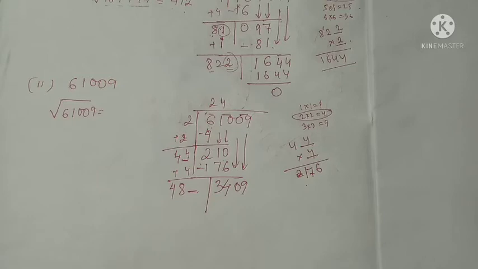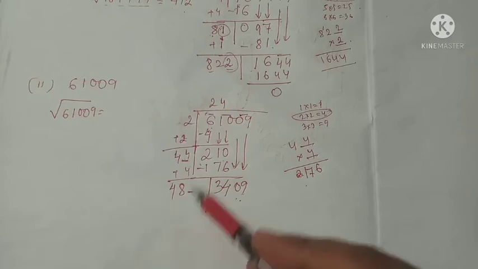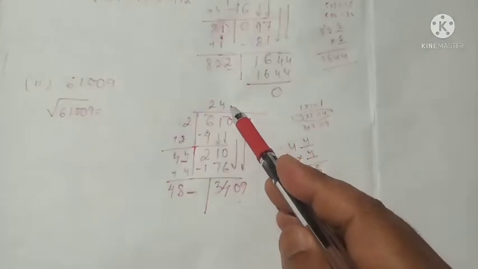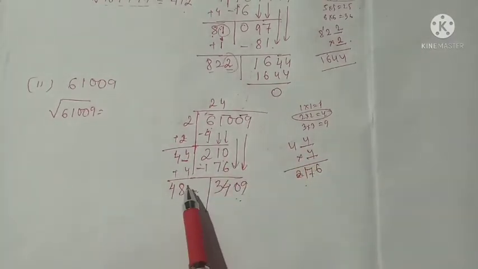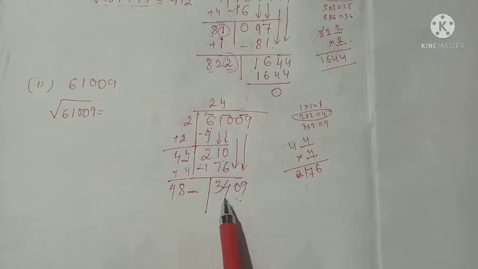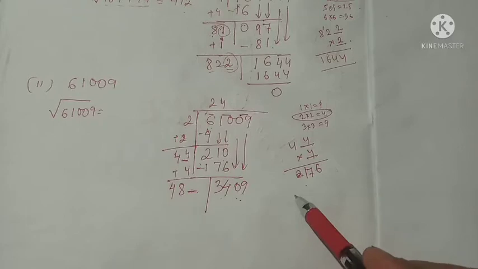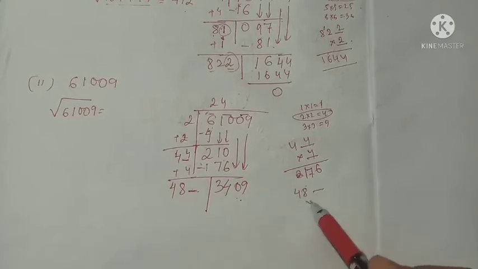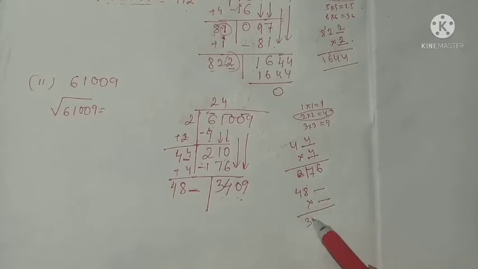So let us find. We have brought down 09, we got a new dividend, and we are going to find out the largest digit to place alongside this 48 to get a new divisor, and also a new digit in the quotient, such that when multiplied with the divisor we will get a number less than or equal to this dividend. So 48, that will get 09.